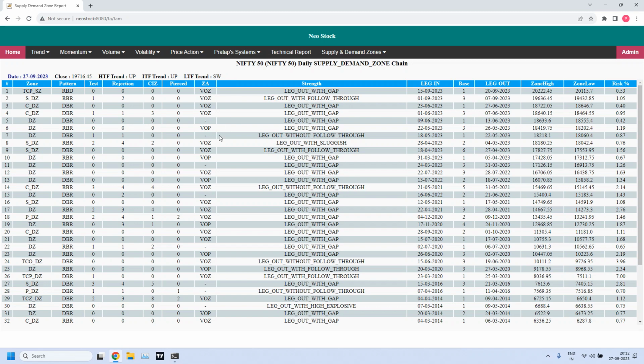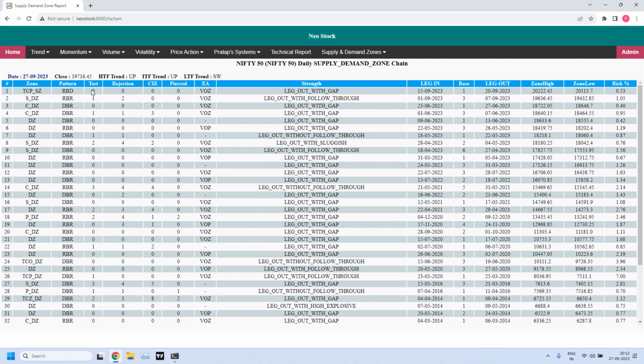But as of now, the direction has changed from uptrend to sideways. And who is responsible for changing this trend? This supply zone is responsible. That's why it is a high liquidity supply zone, and it is a counter trend trading related supply zone.